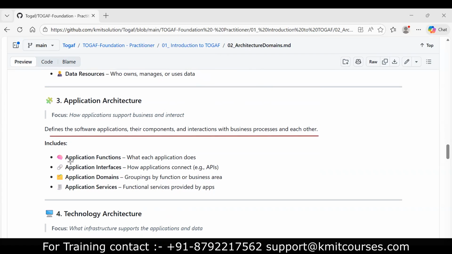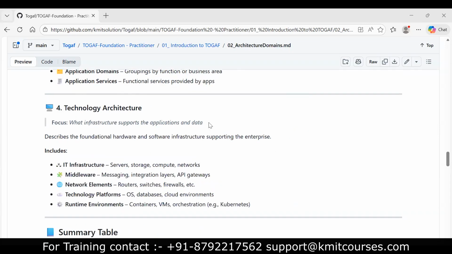It includes application functions, what the application does; application interfaces, how applications connect, for example APIs; application domains, grouping by functions or business areas; and application services, the functionality provided by the applications. So these are related to the application architecture.